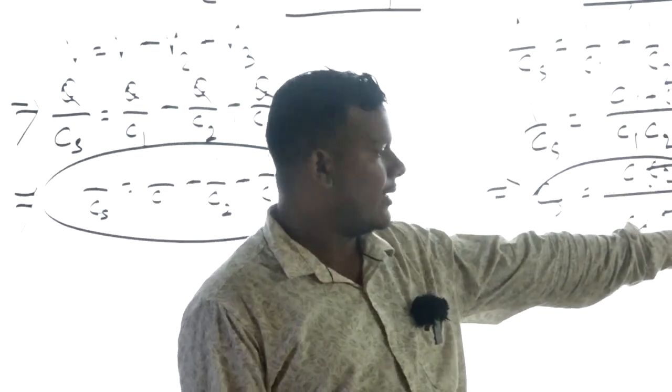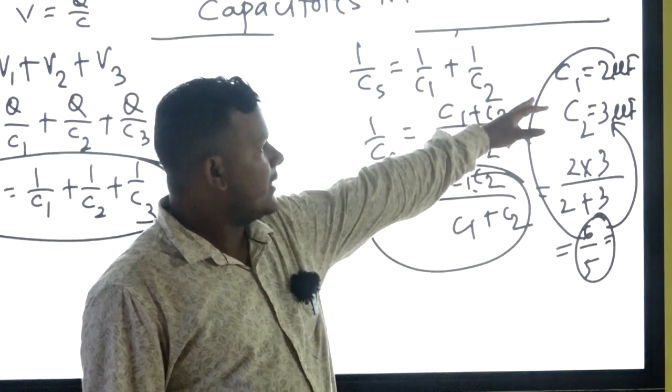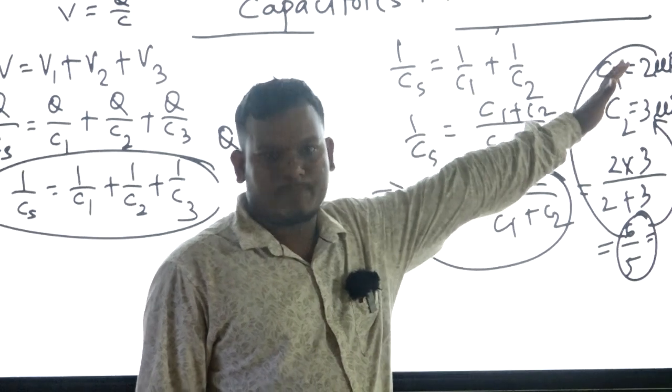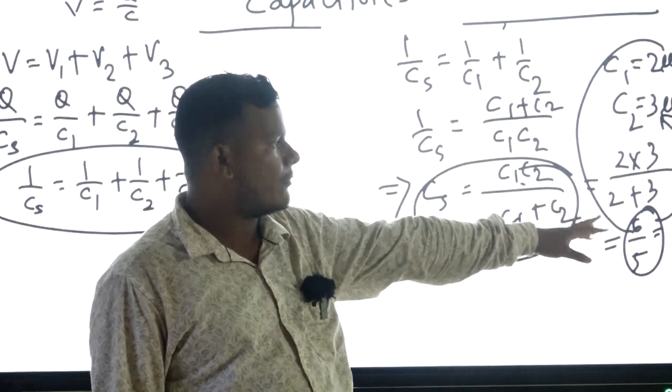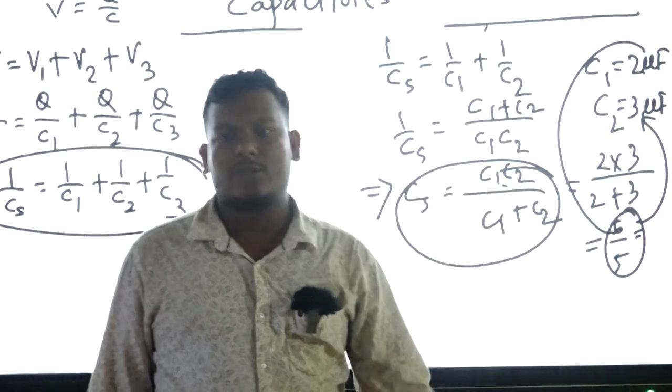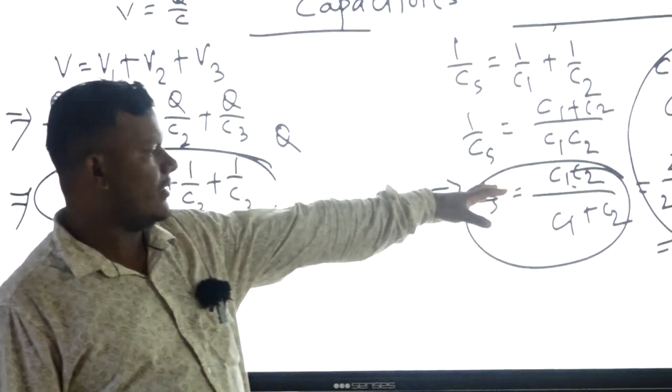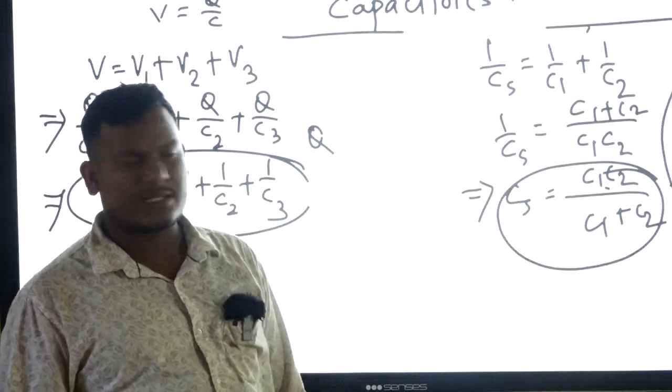So here the value 6 by 5 is less in comparison to 2, and the value 6 by 5 is also less than the value 3. So this happens in case of series combination.